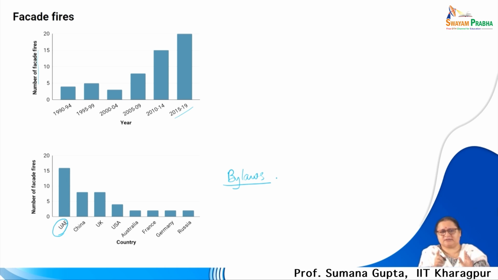So, radiant heat to the next building is moving within a very short time, and every other building is a high rise building. There is no escape or any wind flow or passage for the radiant heat. So, it is accumulating and leading to fire, one leading to the next. So, the bylaws became very strict after the facade fires happening in the UAE, and now the change should be reflected in the future graphs.